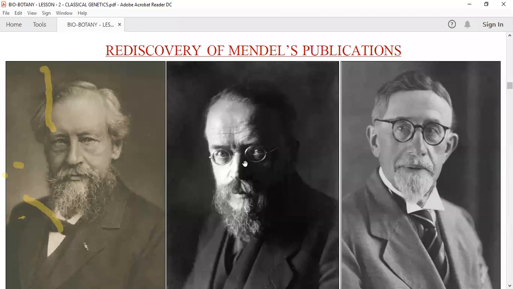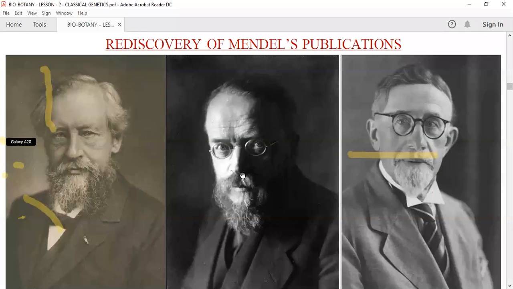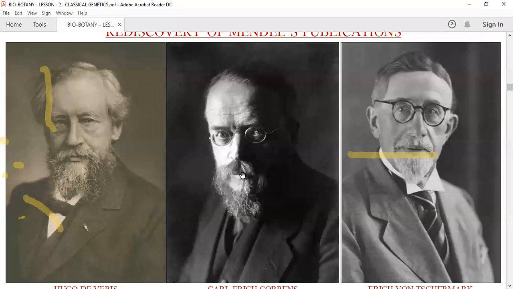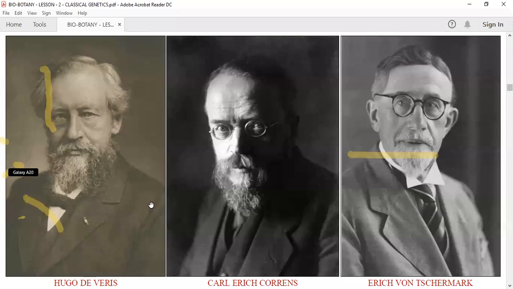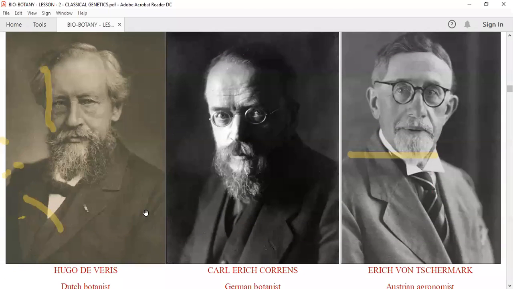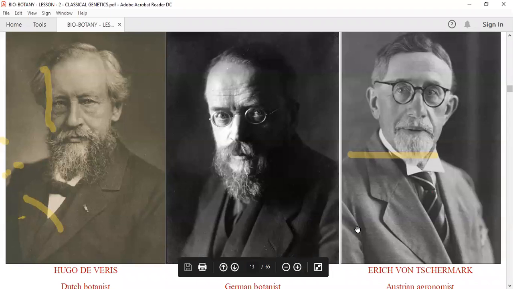Next, these 3 scientists are very important. These three persons rediscovered Mendel's publications. The first one is Hugo de Vries, a Dutch botanist. He belongs to Holland; in our book it is given as Holland. Then Carl Correns, a German botanist, and then Erich von Tschermak, an Austrian agronomist.